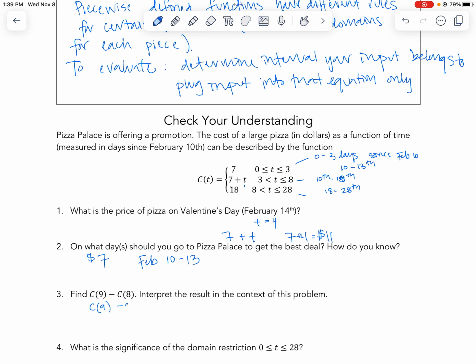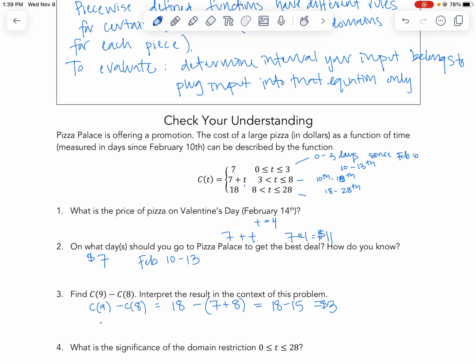C of 9 falls here in the 18 restriction, and then minus C of 8 falls into the 7 plus T restriction. So that would be 18 minus C of 8, which is 7 plus 8, and so that would be 18 minus 15, which would be $3.